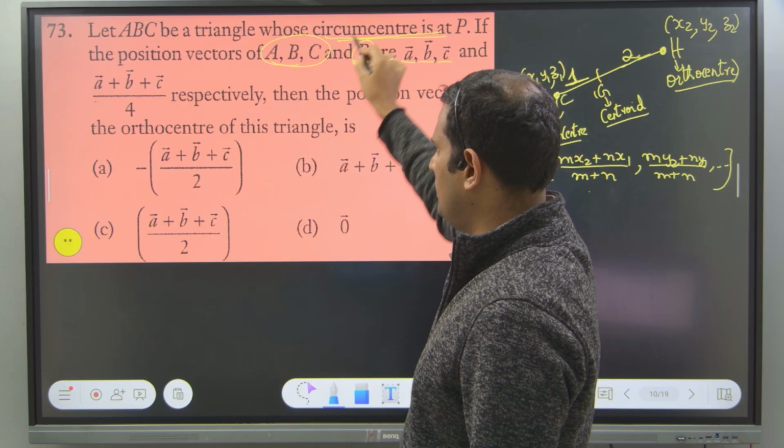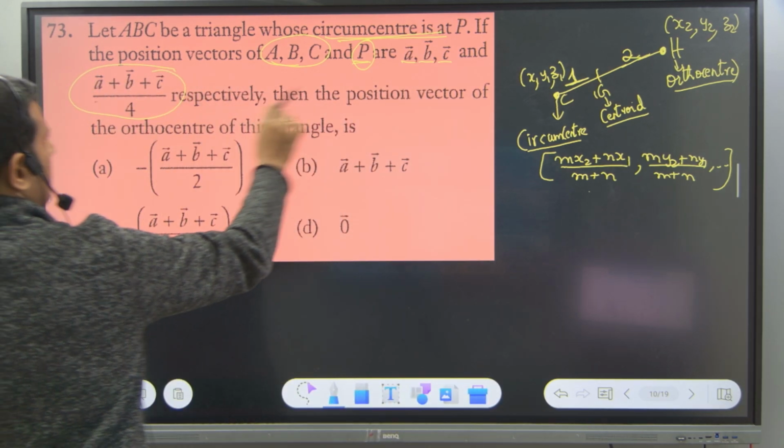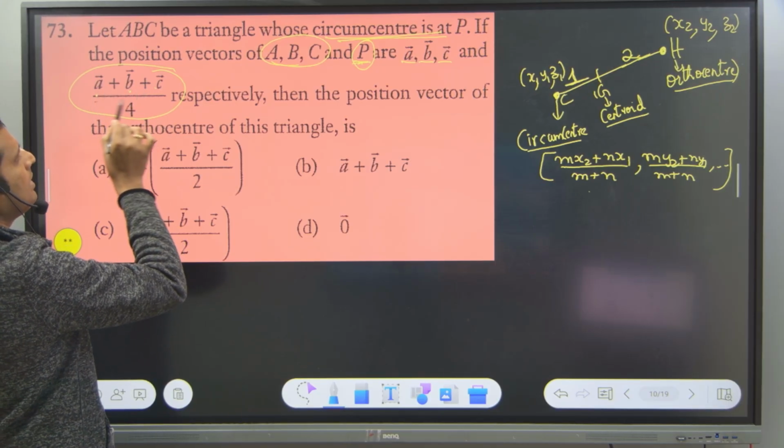How much is P given? P is A plus B plus C by 4.